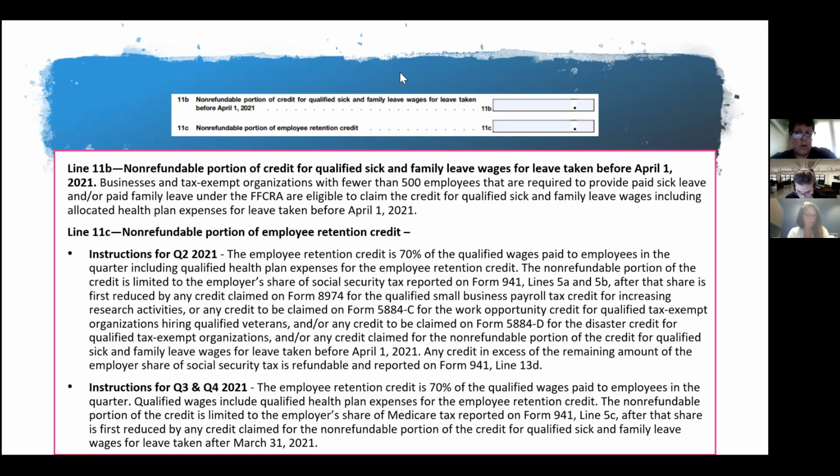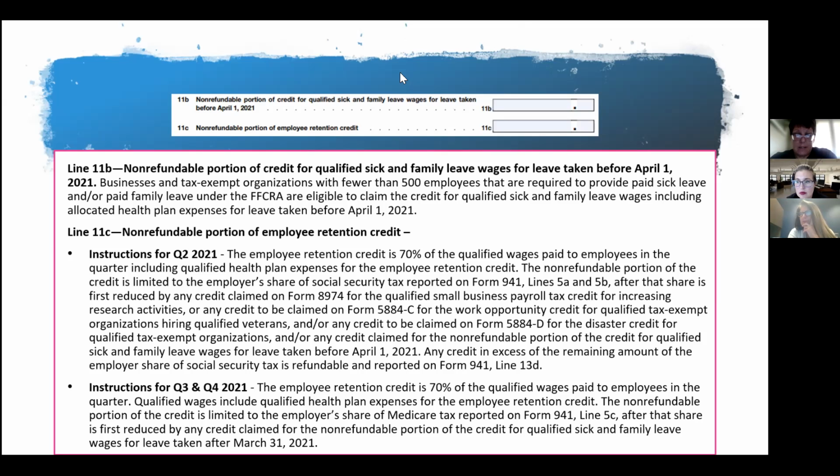Line 11C, though, is the non-refundable portion of the employee retention credit. I found the employee retention credit to be the hardest one to figure out, because it has to do with how much the company made in comparison with how much they made in 2019. The employee retention credit is 70% of the qualified wages paid to the employees during the quarter, which includes the qualified health plan expenses.